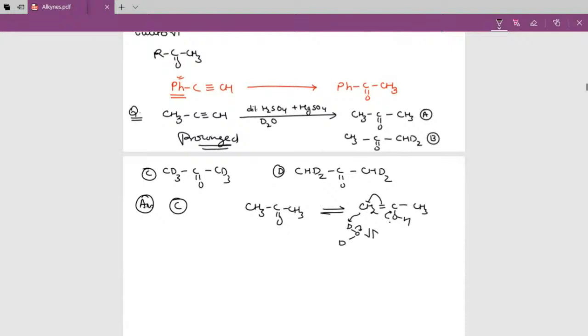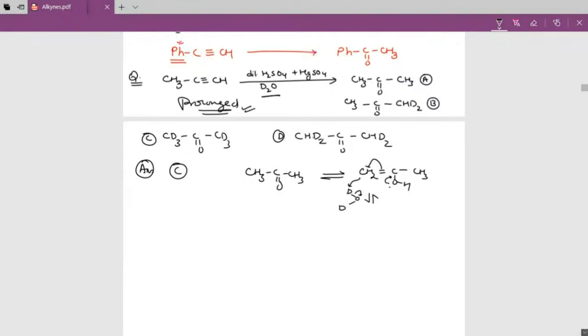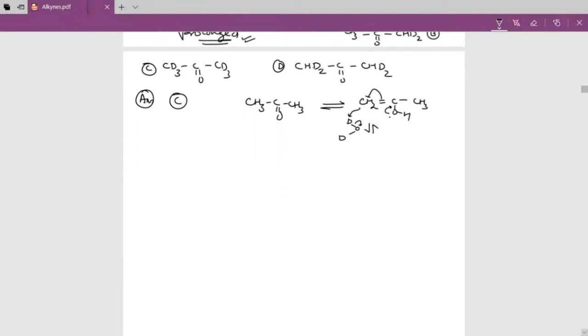So please pay attention to the solvent given in the question, the language required. If the word prolonged is not mentioned, then the answer could be B also, because just immediate conversion and the answer goes to B. So this was our Kucherov reaction.